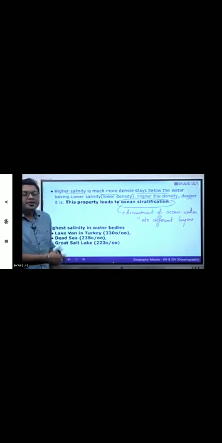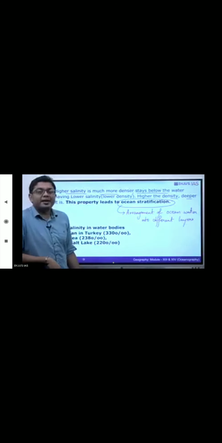This leads to an arrangement of ocean water into various layers, or arrangement of the ocean water into different layers. That is what is referred to as ocean stratification.